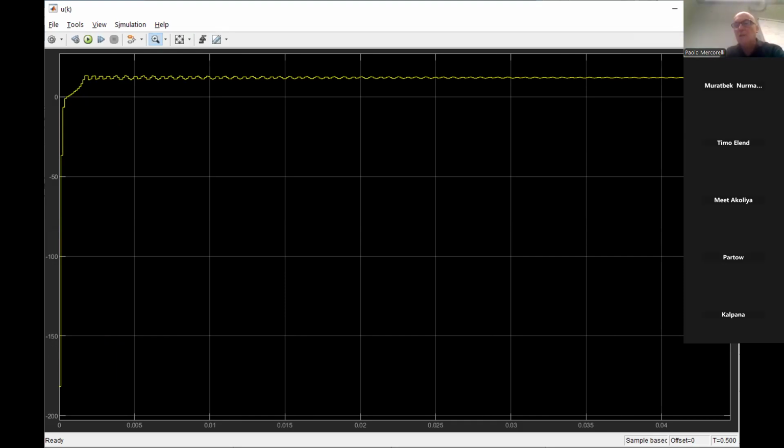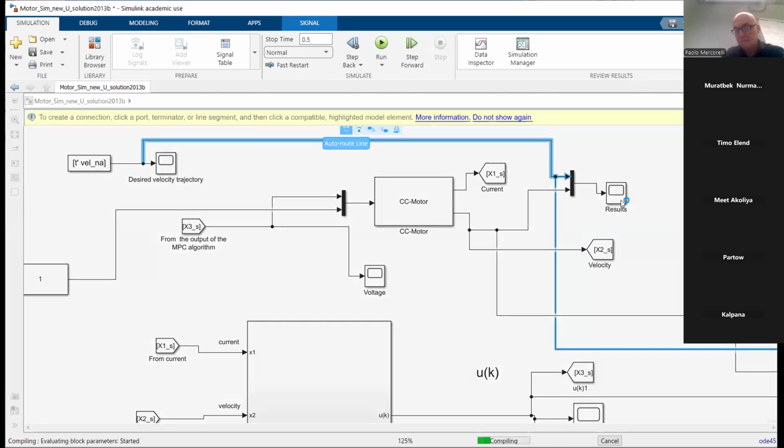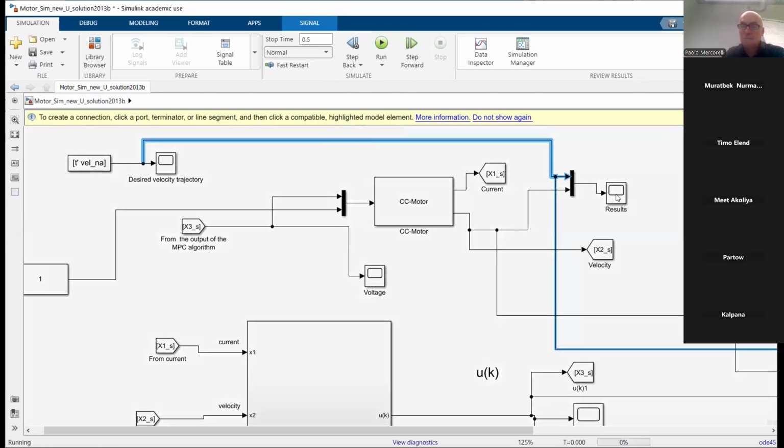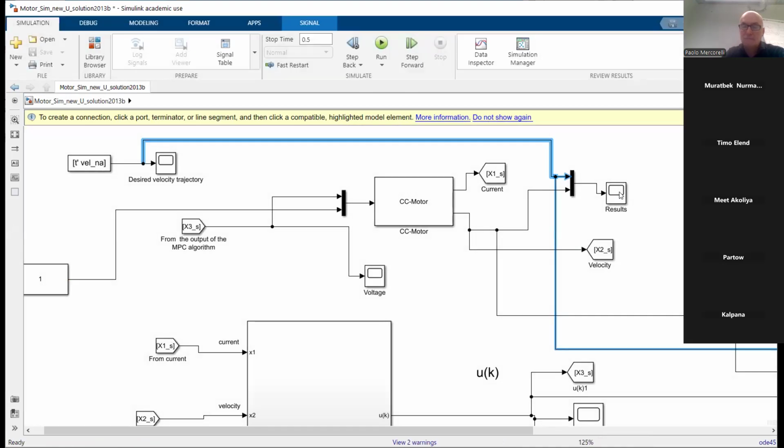Let me now include the disturbance. Second. I'm finishing with the disturbance. Now, next week, we'll consider the scheme delta U with the disturbance. If I include the disturbance, running, let me open.